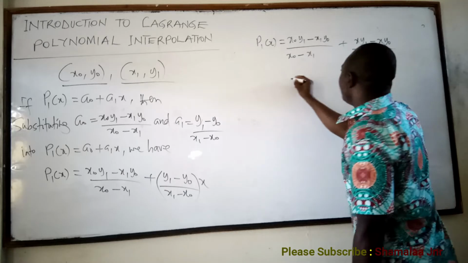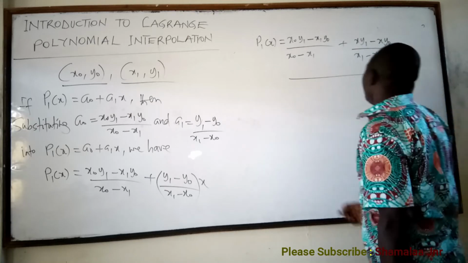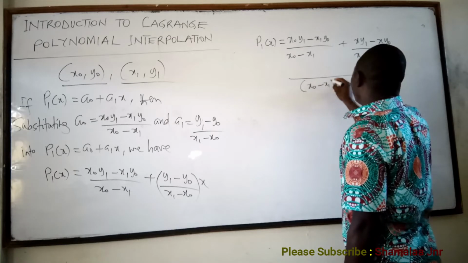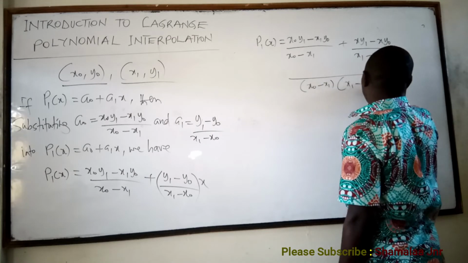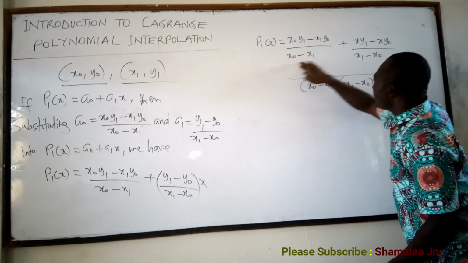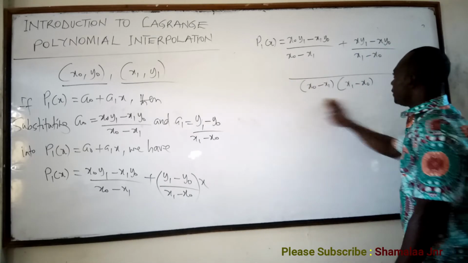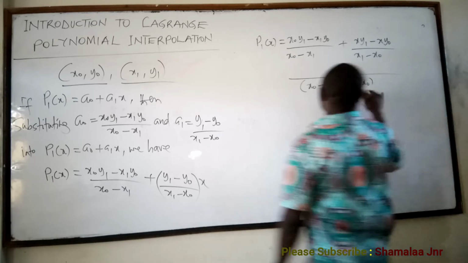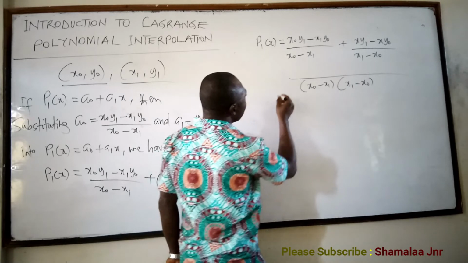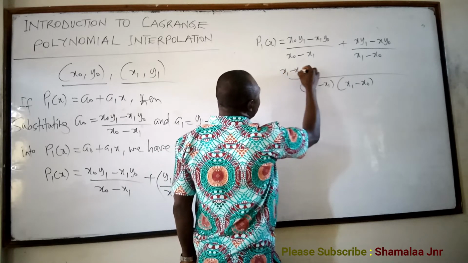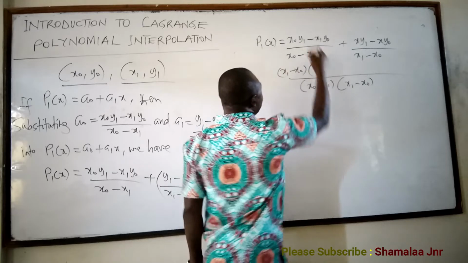Now let's find the LCM. If you find the LCM, you're going to have x naught minus x1 times x1 minus s naught. Isn't it? S naught minus x1 comes into the whole of this. To cancel this, we are going to have x1 minus s naught times what is at the top?